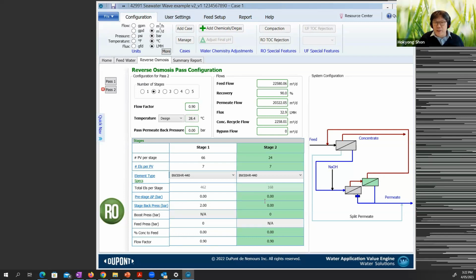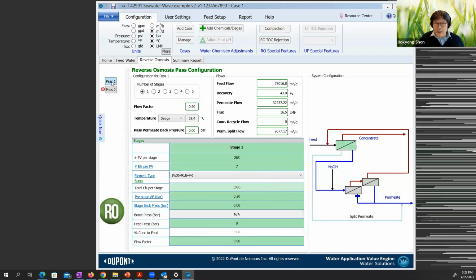But if you don't need that kind of pressure, you don't have to give it. So you can try with all the stage pressures at 0.